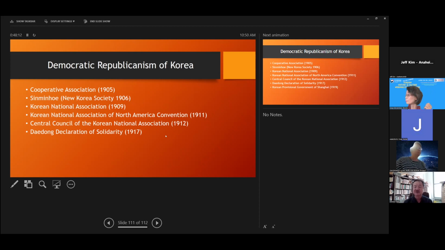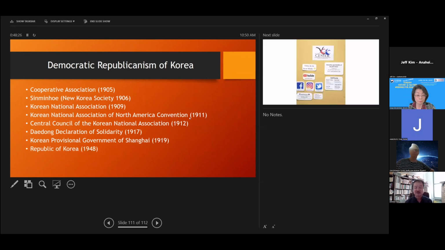It established separation of powers. So it leads to the Korean Provisional Government of Shanghai in 1919, which is the precursor of the modern Republic of Korea in 1948. This has not yet been recognized by Korean historians, because no one knew of Pachappa camp until now.